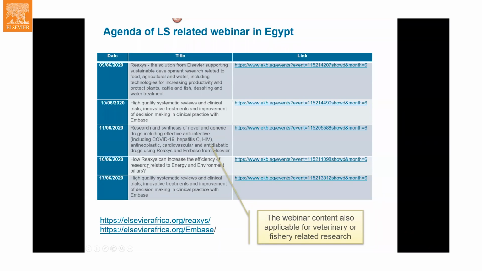The next one would be focused on research topics related to energy and environment. I will do my best to explain the key ideas of green chemistry, of different environmental aspects of energy projects, and how big scientific data can help and increase efficiency in this research.